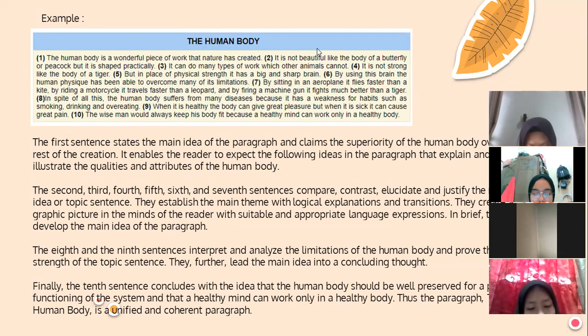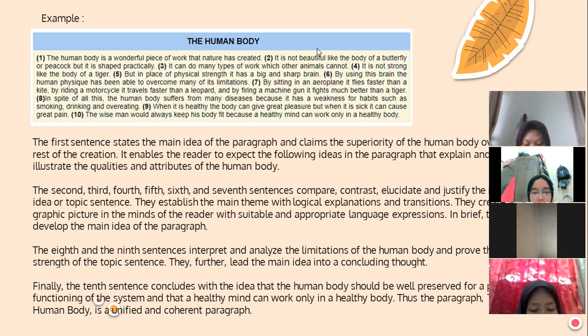The first sentence states the main idea of the paragraph, claiming the superiority of the human body over the rest of the creation. It enables the reader to expect the following ideas in the paragraph that explain and illustrate the qualities and attributes of the human body.